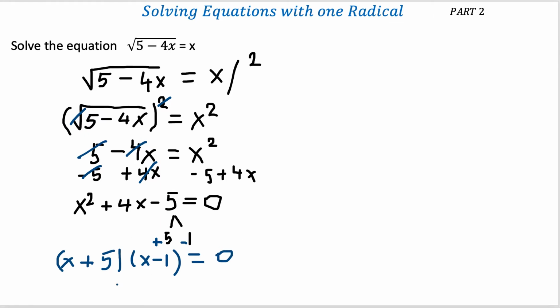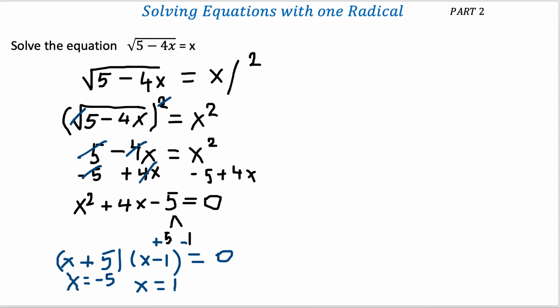So if we want to find the solutions, the process is going to give us those solutions. X plus 5, the x is going to be minus 5. X is equal to minus 5, and the other solution is x is equal to 1. So the process gives us those solutions mathematically.